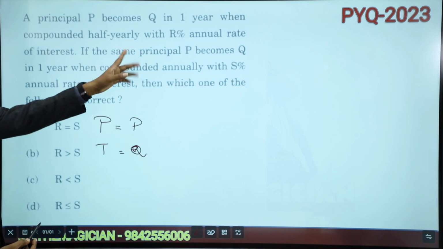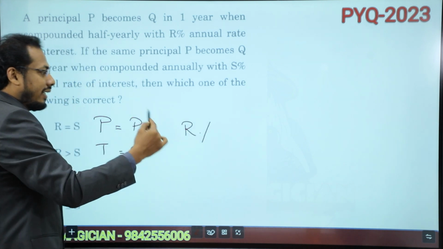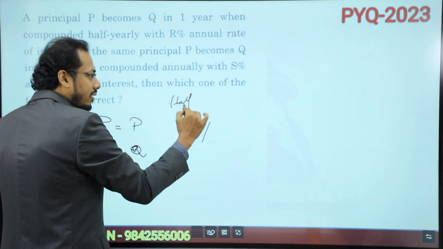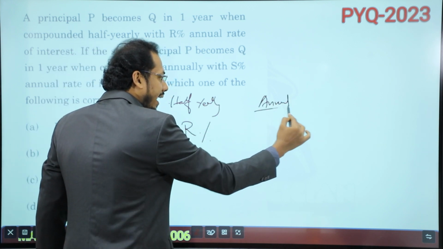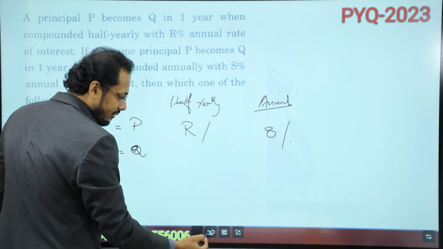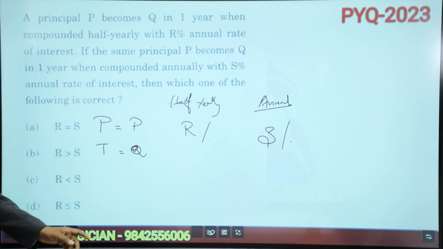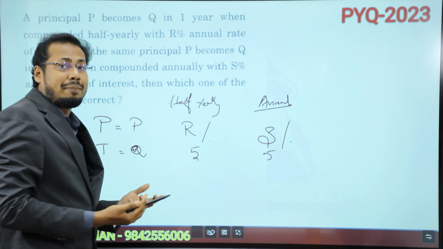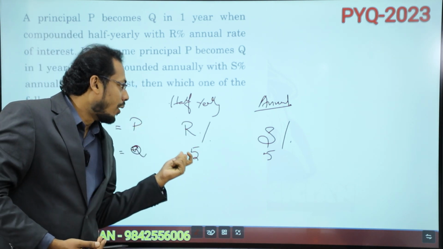And for 1 year it is R percentage, this is for half yearly, but for annual it is S percentage. That means if this is 5 and this is also 5, what will happen? If 5%, this will be more.